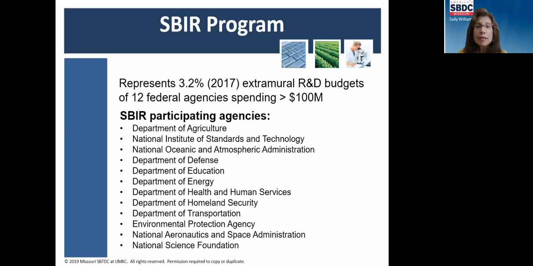Okay, so here's a list of the agencies, and 3.2% of that money in today's terms, last year, was about $2.5 billion that was available. So the SBIR and STTR programs are the single largest research grant programs in the world.